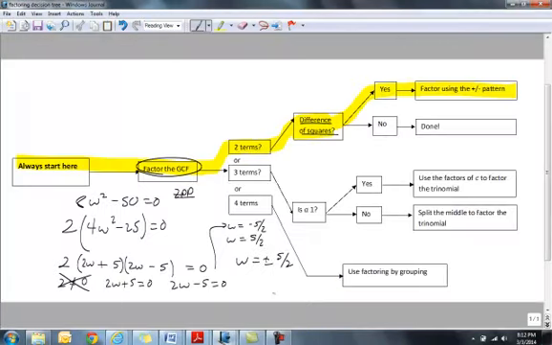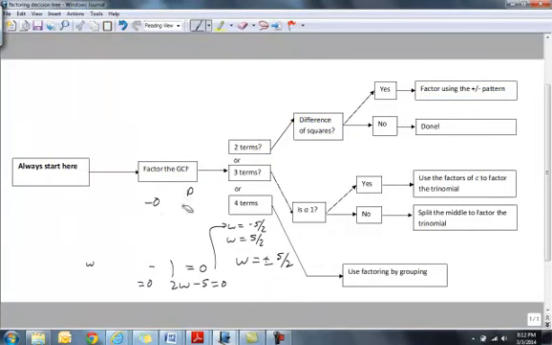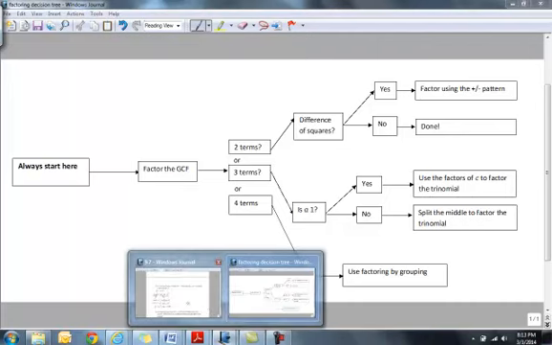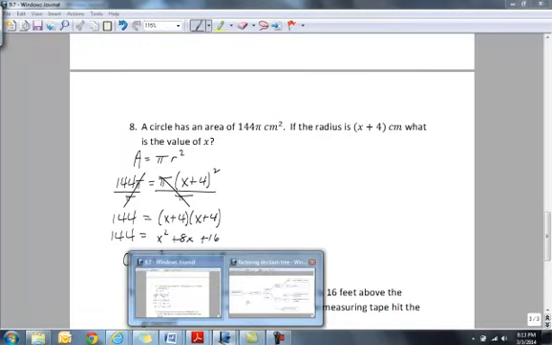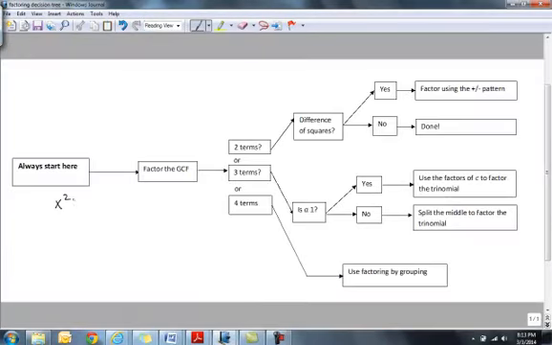Okay, we'll do a quick decision tree here. Let me just make sure I've got this right again, x squared plus 8x minus 128. All right, so factor out the GCF.